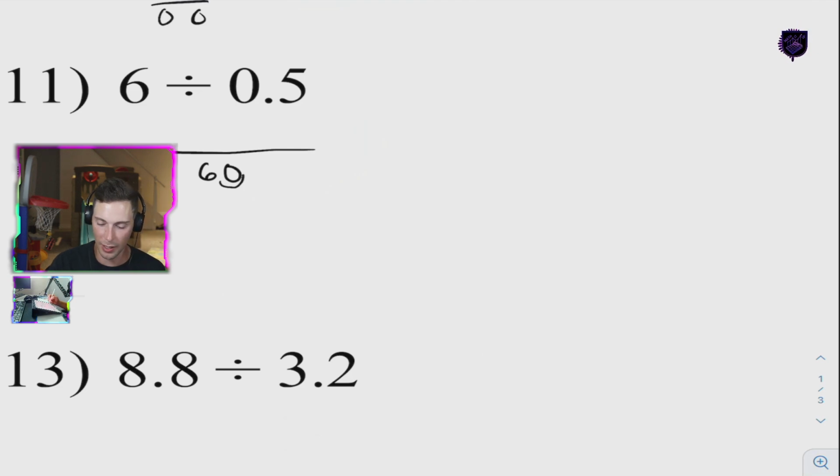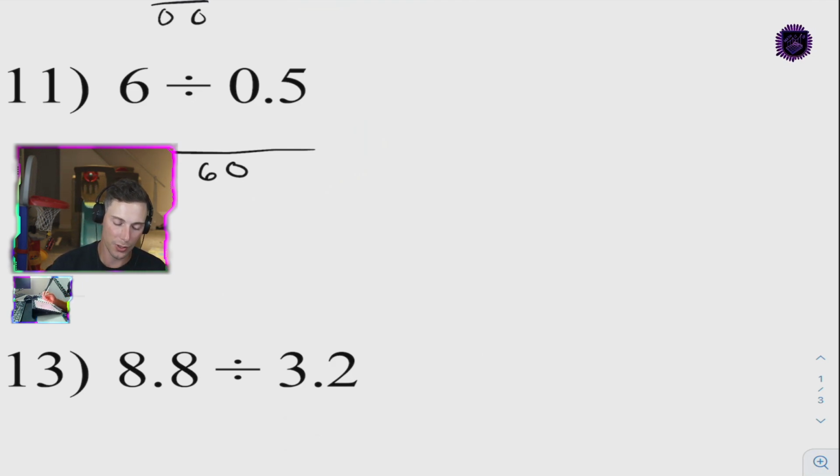And so our question is going to change from 6 divided by 0.5 into 60 divided by 5. So it's not going to change our answer, but it's going to get rid of that decimal.